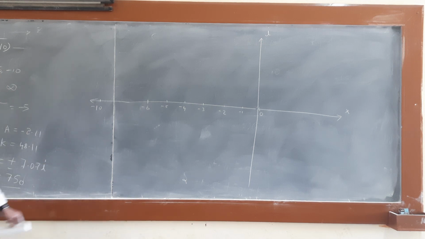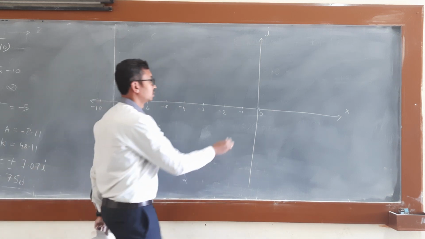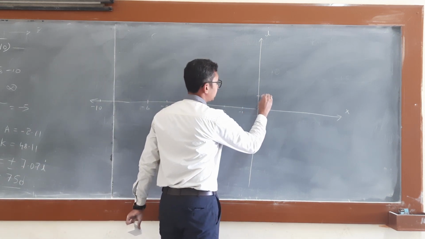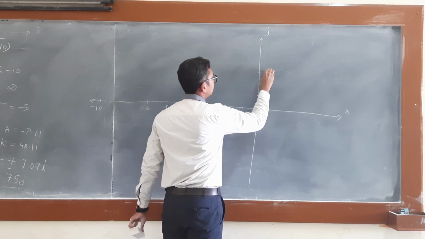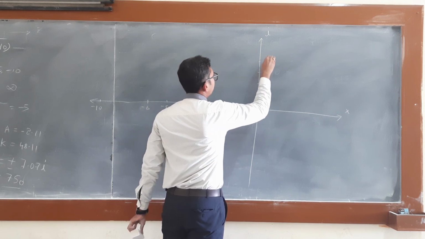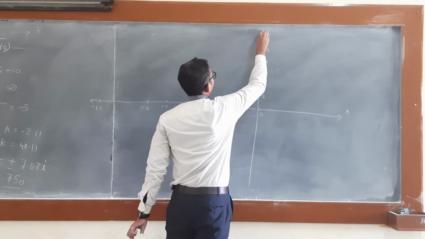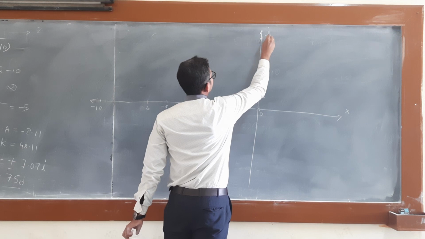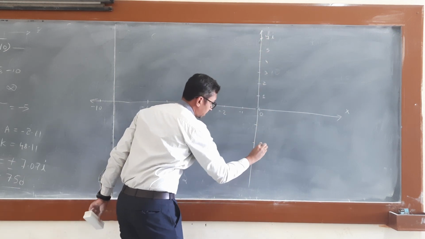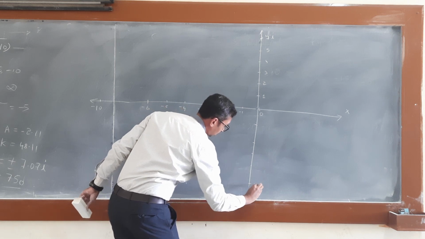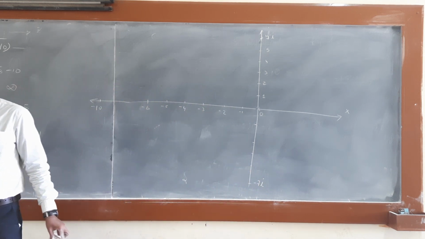Approximately I have drawn. In the same way, I am going to mark the imaginary axis. So this is plus j, that is plus 1, plus 2j, plus 3j, 4j, 5j, up to 7j. In the same way, I am going to mark it down. So this is minus 7j, approximately I have drawn.